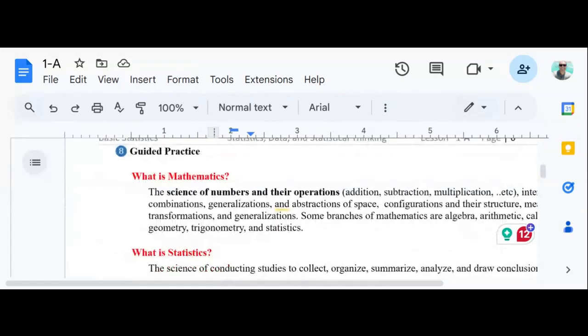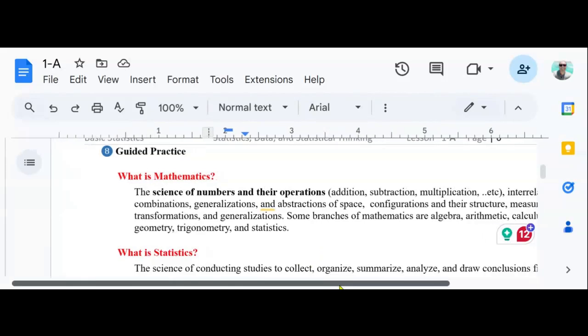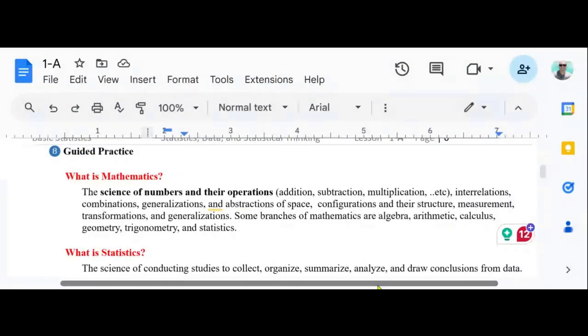Now we're going to go for the definition, the difference between mathematics and statistics. Mathematics is the science of numbers and their operations, like addition, subtraction, multiplication, etc. Interrelationship, combination, generalization, and abstraction of space, configuration and their structure, measurement, transformation, and generalization.